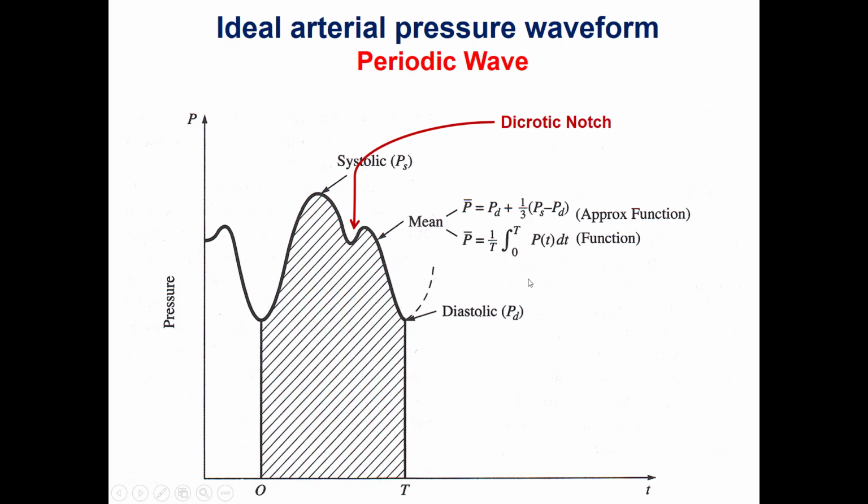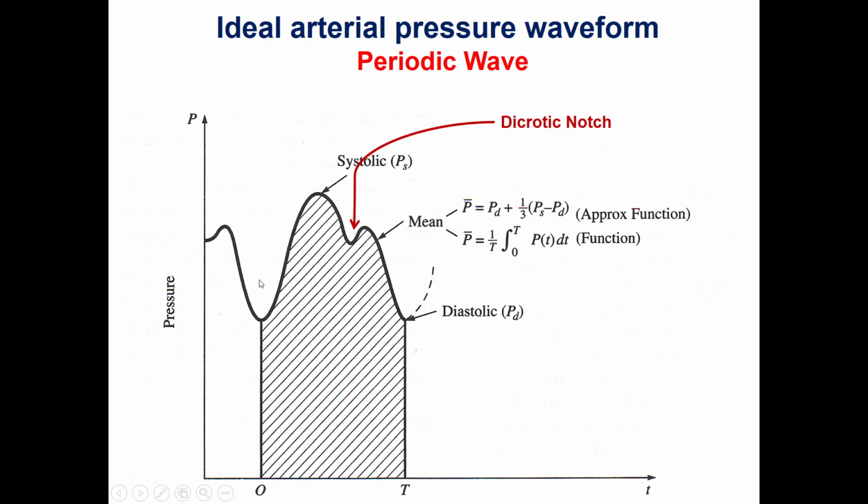Now we will start to talk about the ideal arterial pressure waveform. As we said before, we need signal processing background in order to understand the design of the invasive blood pressure instrument. Inside the aorta, we have this reading after the aortic valve.